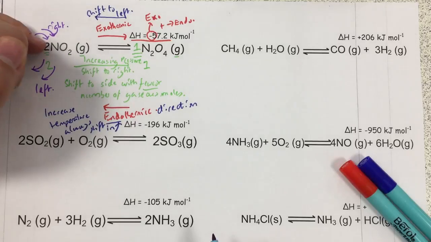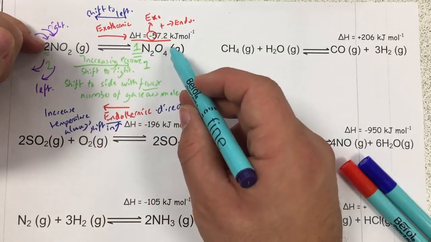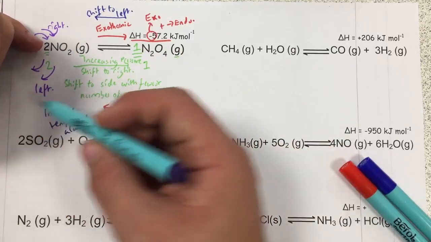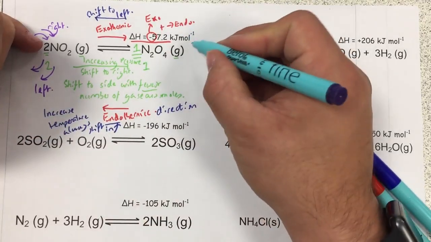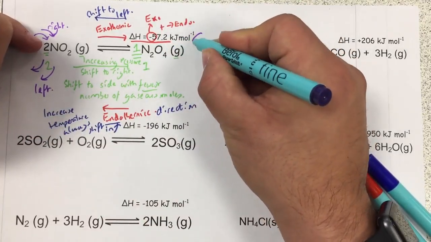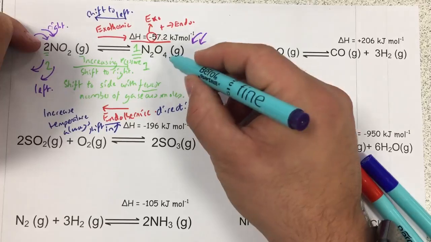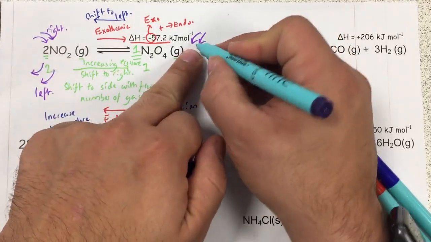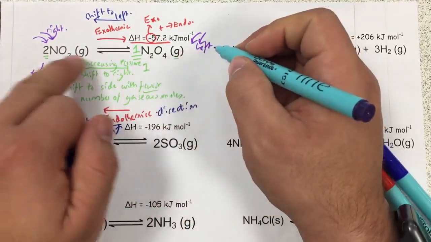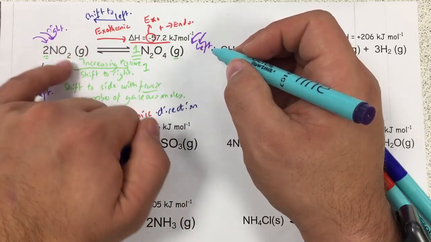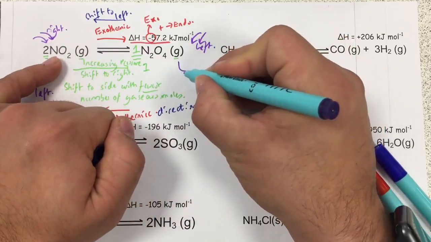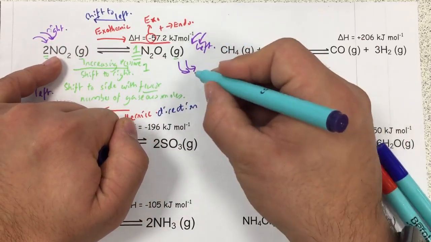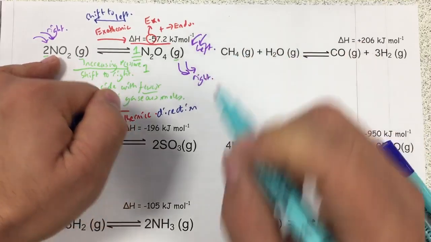So if I add more nitrogen dioxide, I will shift the equilibrium to the right. If I remove nitrogen dioxide, I'll shift it to the left. And the same for the product. If I add more dinitrogen tetroxide, the general direction is to the left, as we'll try to reduce that change by making more nitrogen dioxide. If I remove dinitrogen tetroxide, the general direction would be to the right.